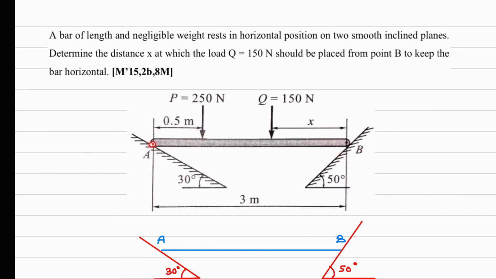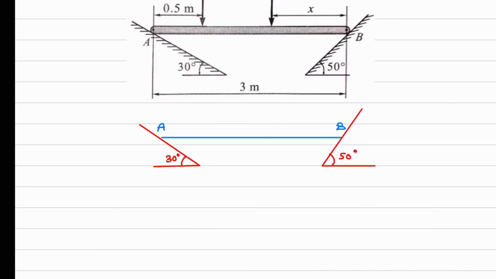So there will not be friction between this bar and the inclined surfaces. So here we have to show the reaction now. This reaction will be perpendicular. So this will be the reaction at point A, RA. And in the same way we have to show the reaction at this location. This will be perpendicular and this will be RB.